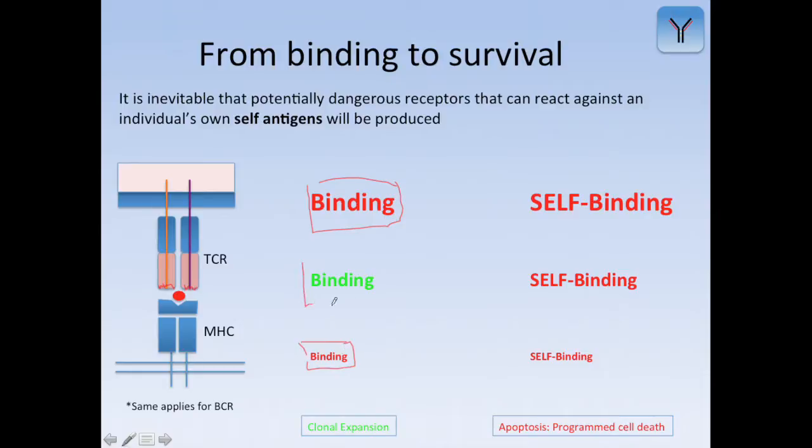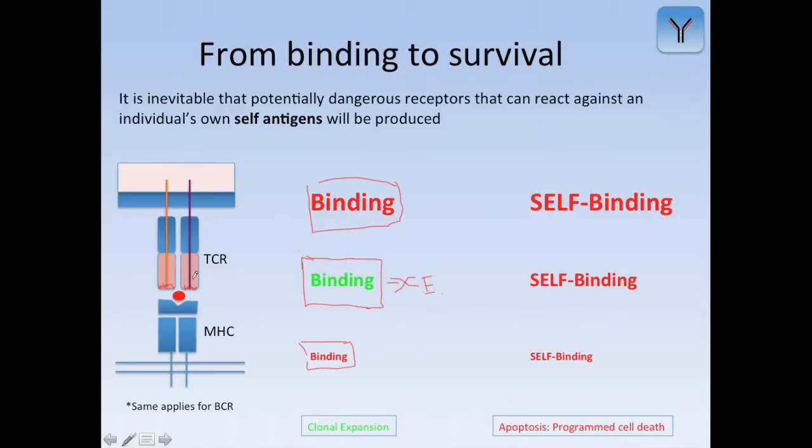But if it happens to bind just perfectly, just right, you can say it's kind of like Little Red Riding Hood, where there's not too much or too little binding. This would signal clonal expansion. So I'm just going to put CE here, clonal expansion. If it happens to bind self very strongly, mediocrely, or very minimally, all of these will signal for cell death. Programmed cell death is apoptosis.